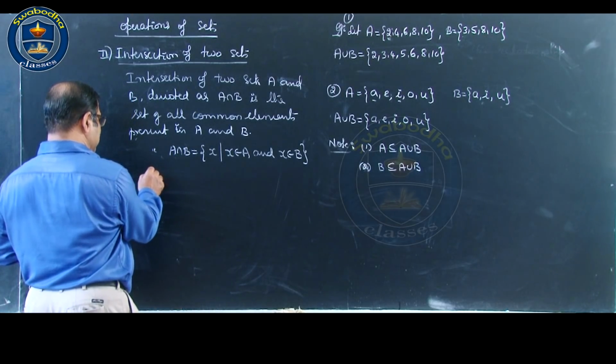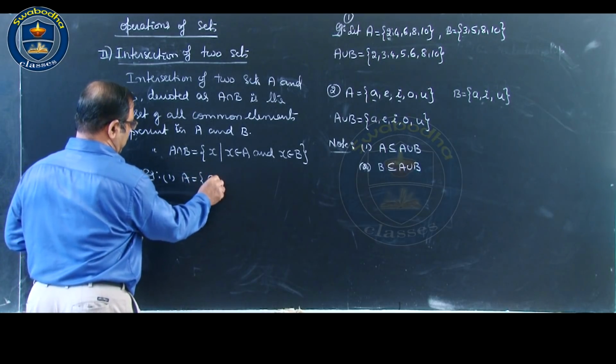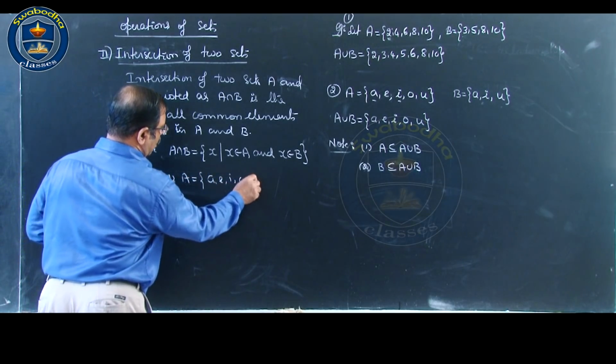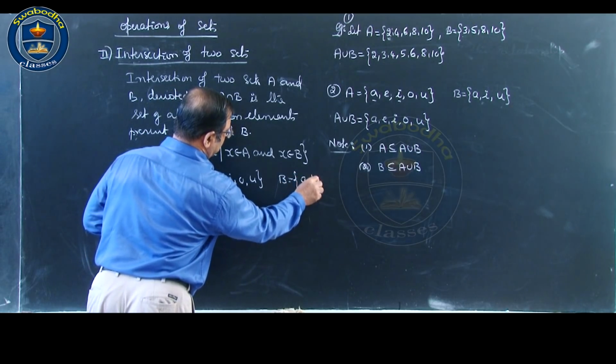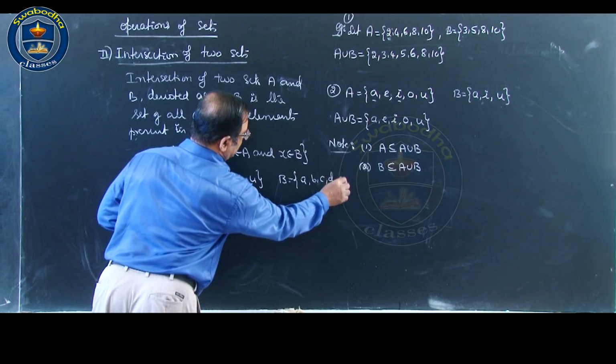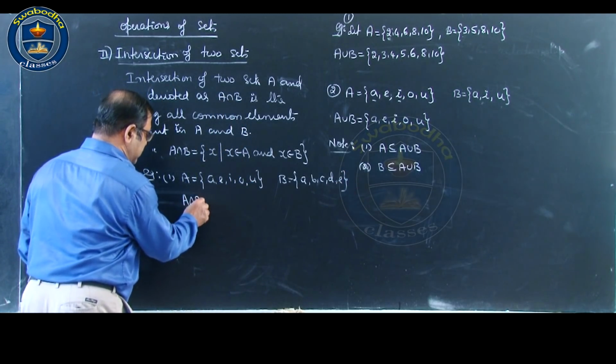See, I will just give you one example. A is equal to A, E, I, O, U and set B is equal to A, B, C, D, E. So what is A intersection B?